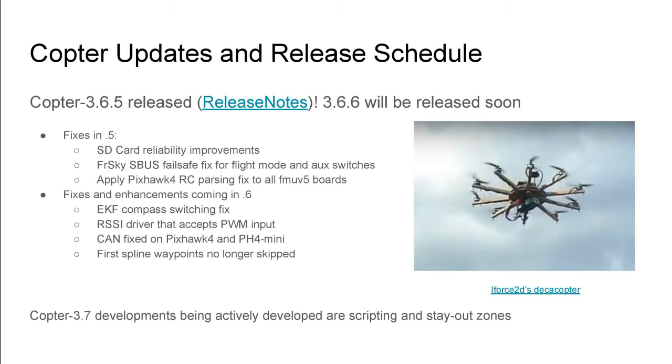As a side note, on the right side of the slide, there's an image of a decacopter. This is just a vehicle which has 10 arms and 10 motors. So it's not a dodeca hexacopter, it's just a decacopter. It's not something that a lot of people want to fly, I'm sure, but there's a link just below the picture to a video from iForce-D.